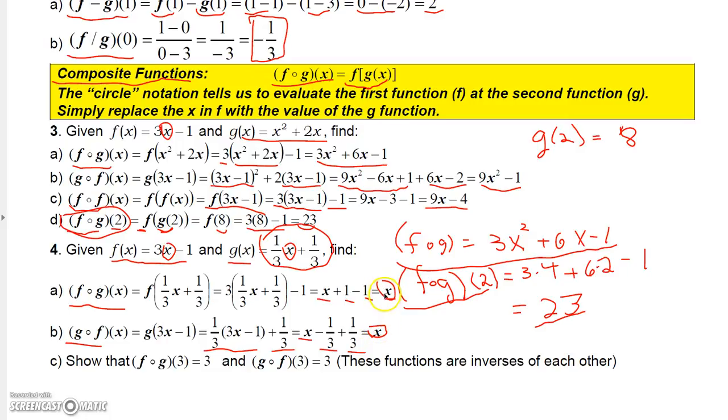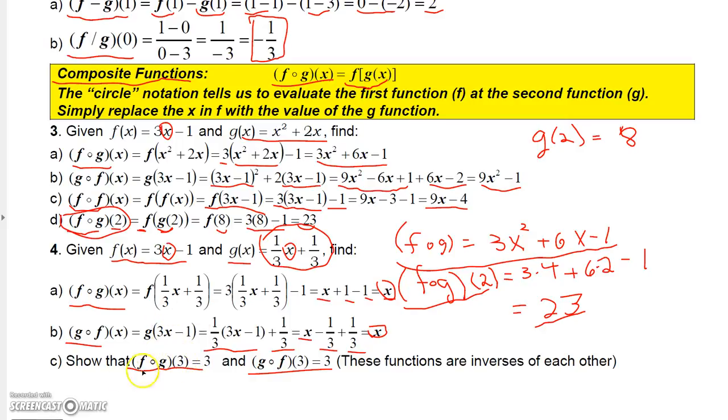It turns out that when that happens with two functions, those two functions are inverses of one another. And you could actually show that f composed with g of 3 is 3, and you could show that g composed with f evaluated at 3 is also 3. Well, actually this is true for any number, and thus these functions are inverses of one another.